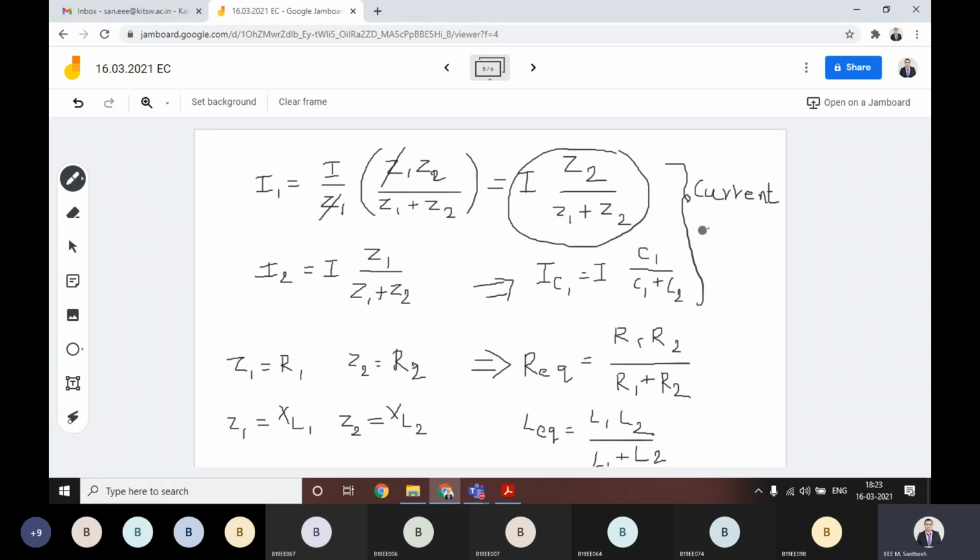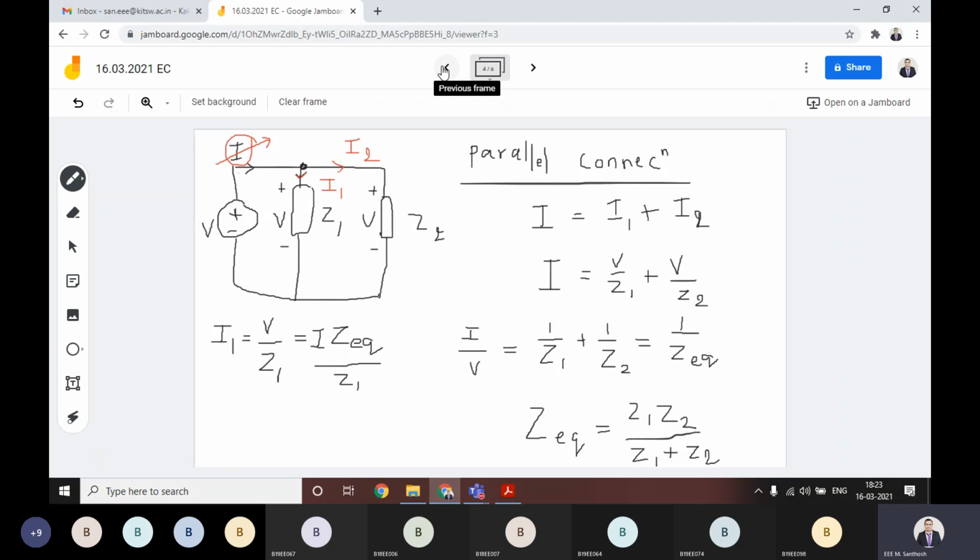Whenever you have a parallel circuit, the voltage is the same, as our friend told. The current is actually divided into different forms. Here I is divided into I1 and I2.